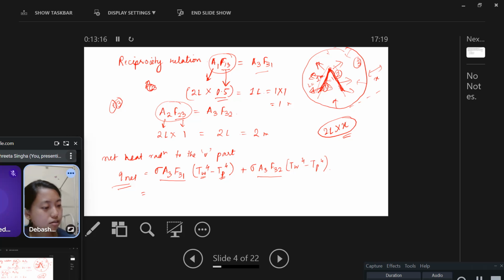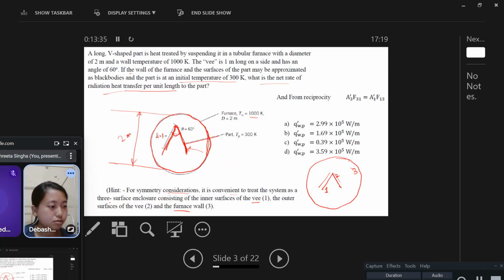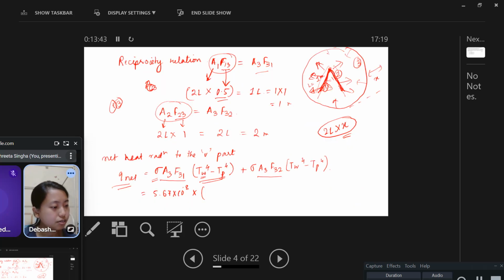Now from here, sigma is constant and this temperature difference is also constant. You can take this as common. So sigma is 5.67 into 10 to the power minus 8, into the temperature differences. The furnace temperature is 1000 and the V surface is 300.